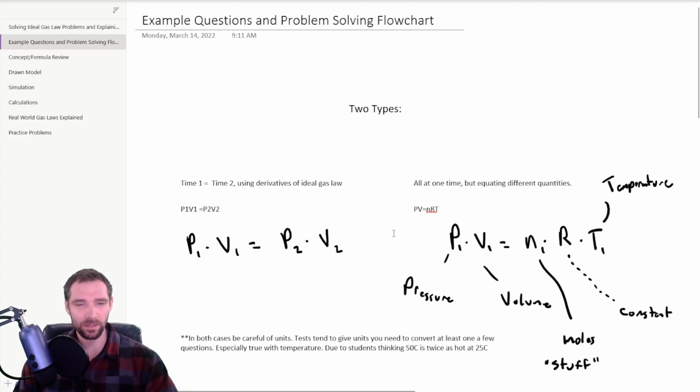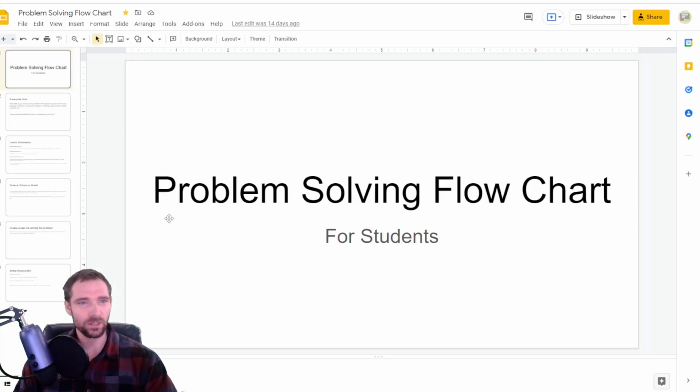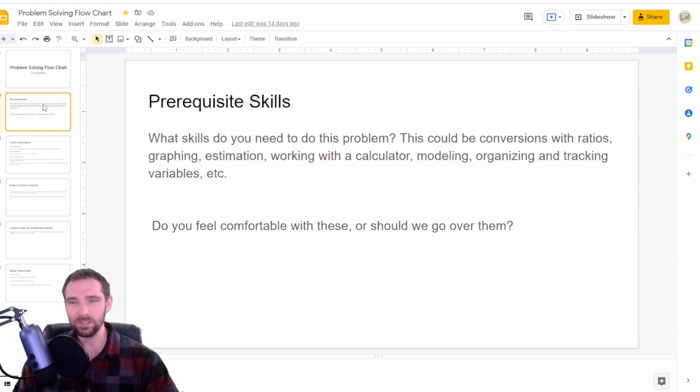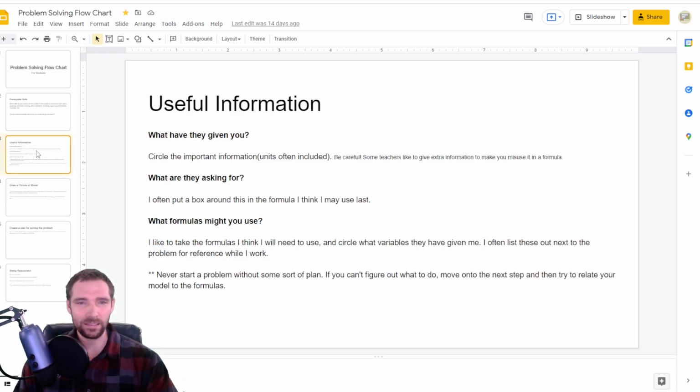When I'm thinking about going through my problem solving flowchart, basically what you need to do is be able to do some algebra with these equations. You also need to be able to recognize what units are important, because oftentimes they give you the wrong types of units. You have to recognize what units go with what variable, like what is the unit of pressure, so you can figure out where that number goes.